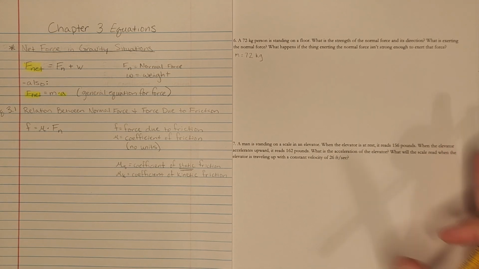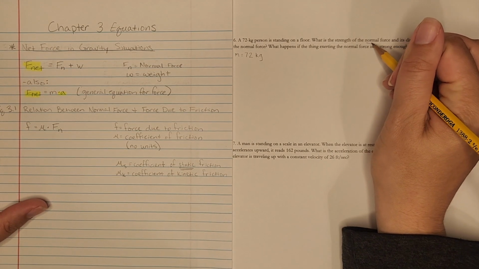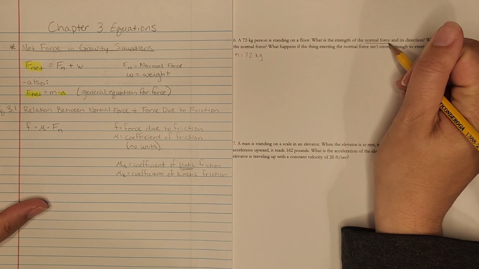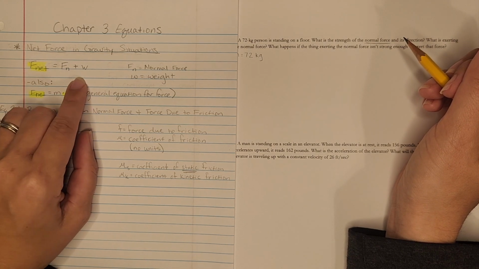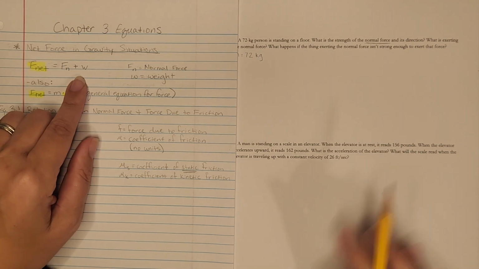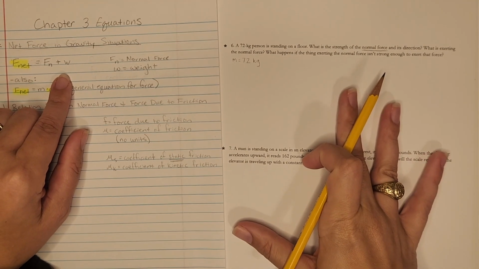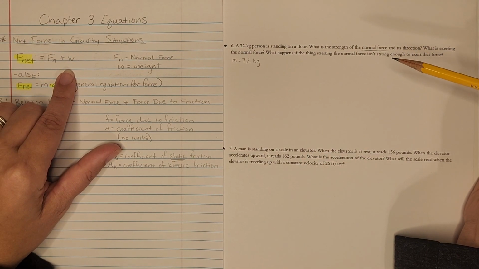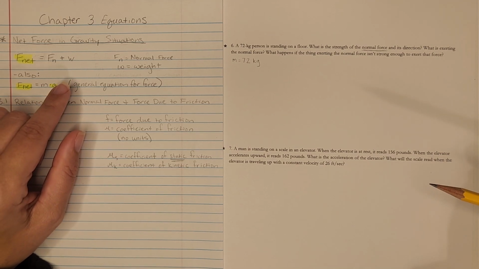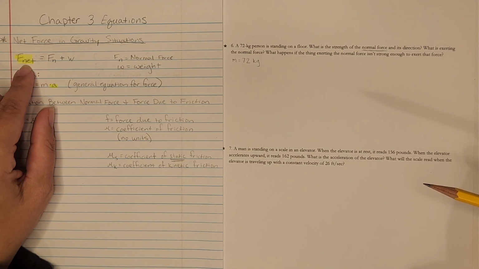And I need normal force. That is what this question is asking for, right? And I'm given a weight, and whenever we are dealing with just the weight of something by itself, that net force is 0, right?